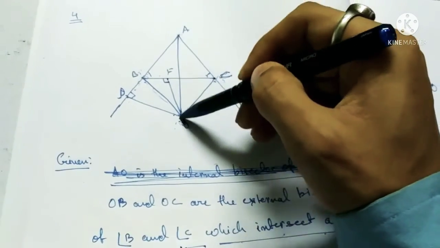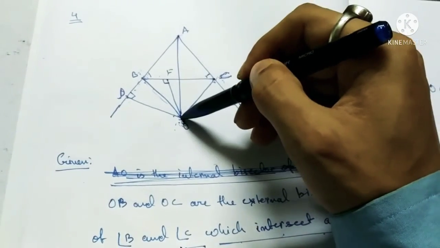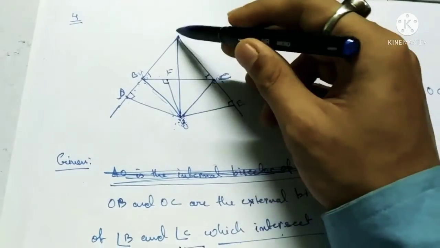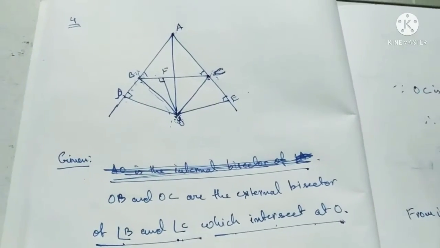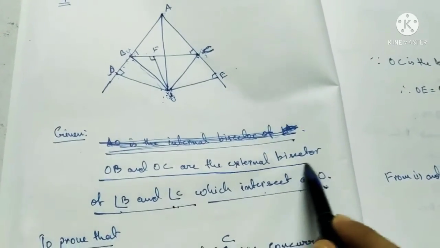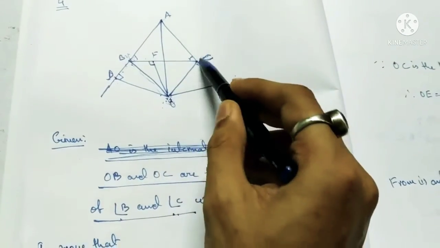If I can prove that, then it is proved that OB, OC and OA are concurrent.